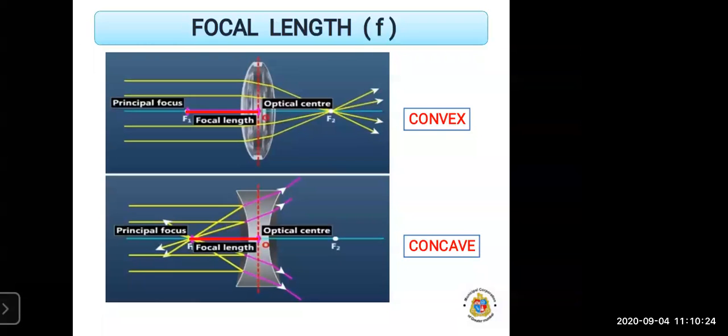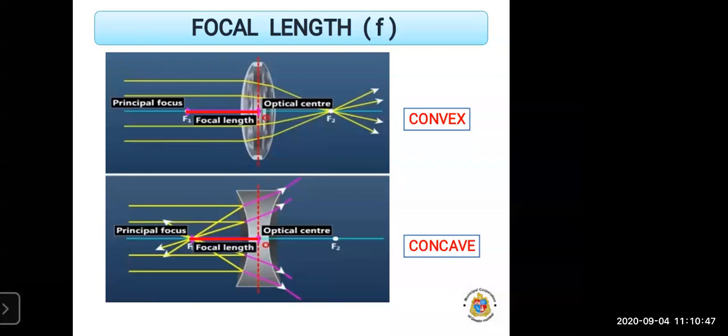Now the next term is focal length. What is meant by the focal length? We know that the optical center, the point O inside the lens in the center, is the optical center. And the principal focus is denoted by F. Now look at the diagram, students.